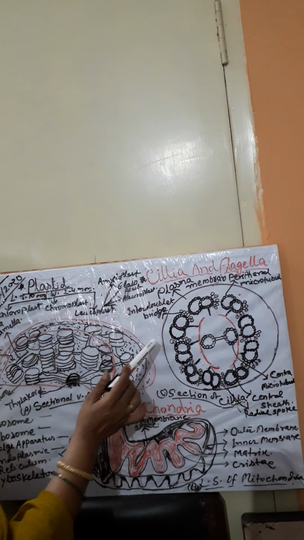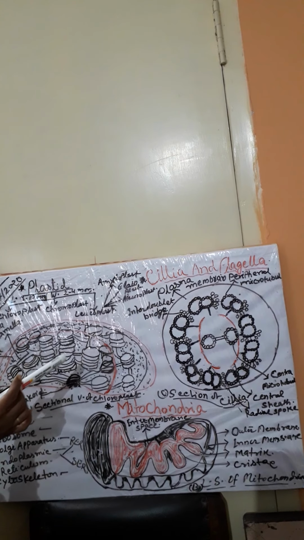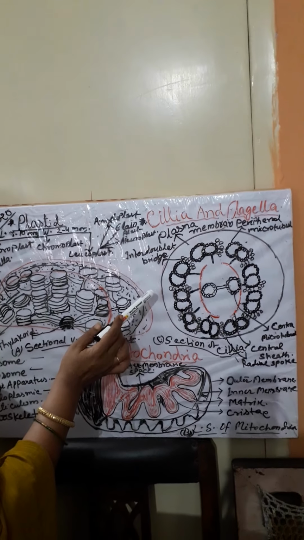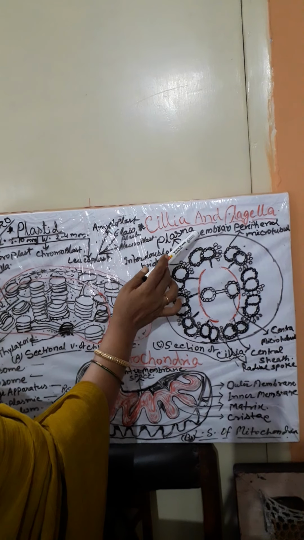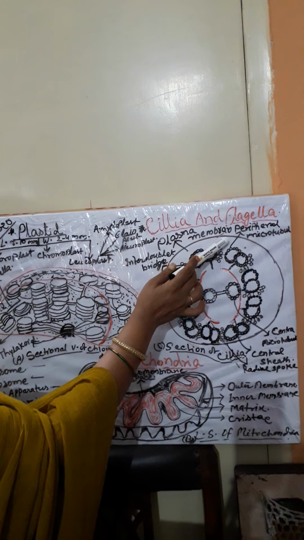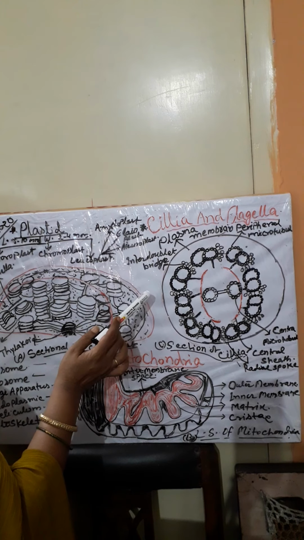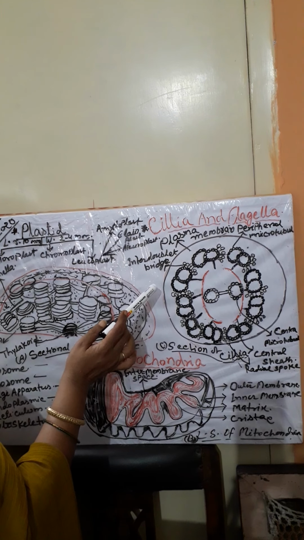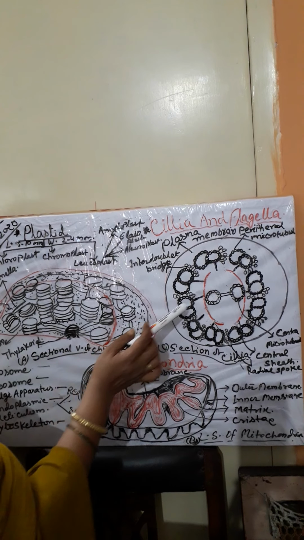The electron microscopic study of the cilia or flagellum shows that they are covered with plasma membrane. Their core, called the axoneme, possesses a number of microtubules running parallel.